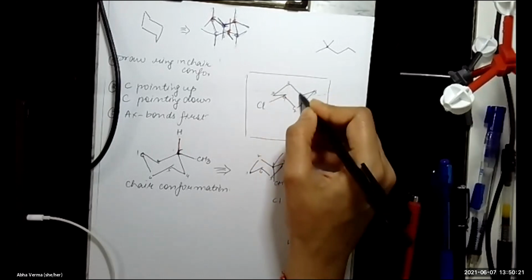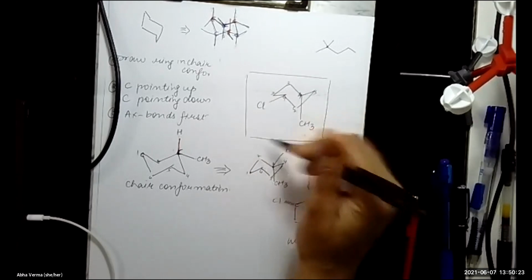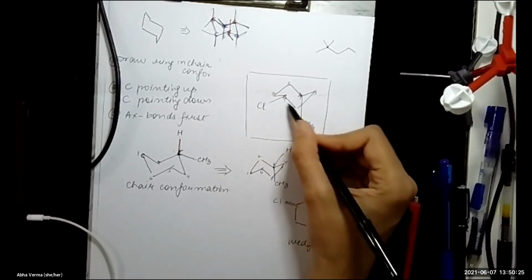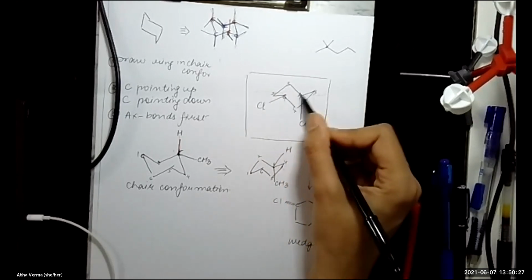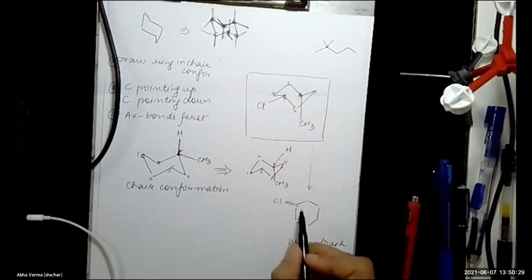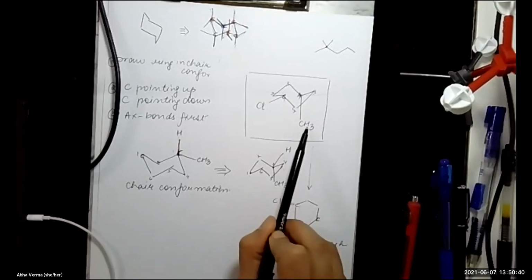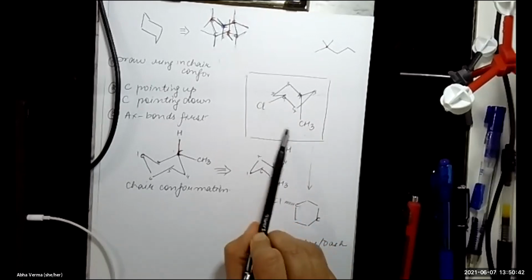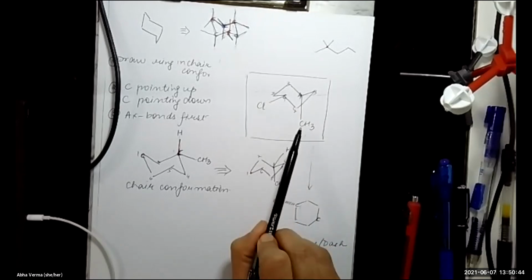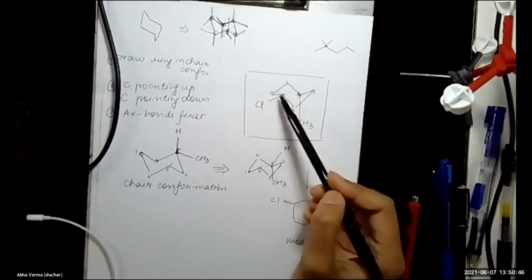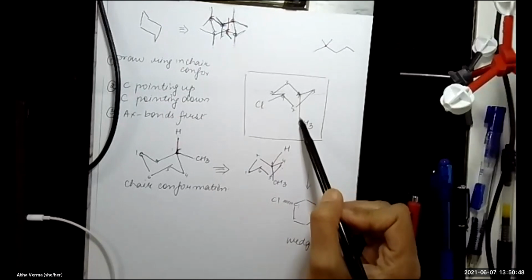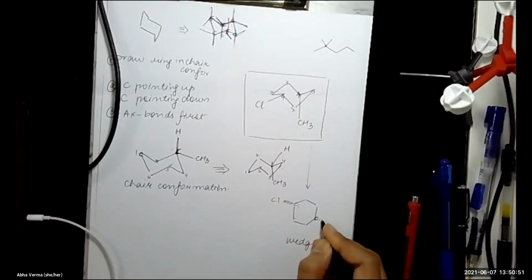So from both sides, it will be carbon 4. So this is carbons 1 and 4. My methyl will be placed on this particular carbon. Where will this methyl group be? On the same side, on the syn side as this chlorine. Why? Chlorine is going down, methyl is also going down.